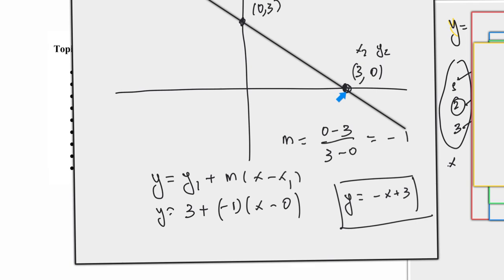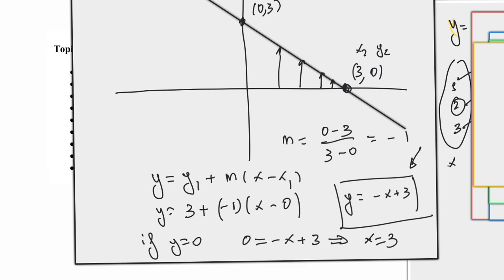Well, as we arrive at this point, the y becomes smaller and smaller, and when we arrive at the point of intersection, the y is 0. So we impose on this equation the condition that y equals 0. So if y equals 0, then 0 equals minus x plus 3, which means that x equals 3.